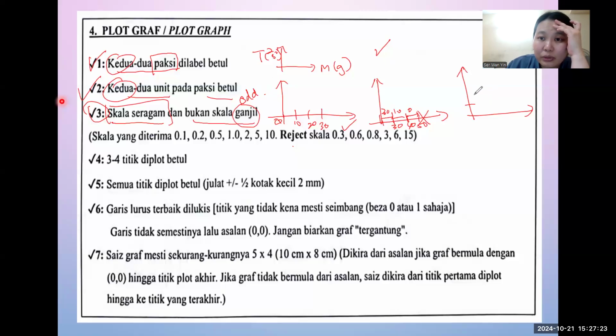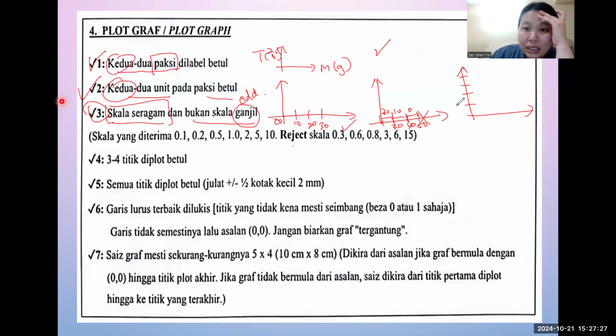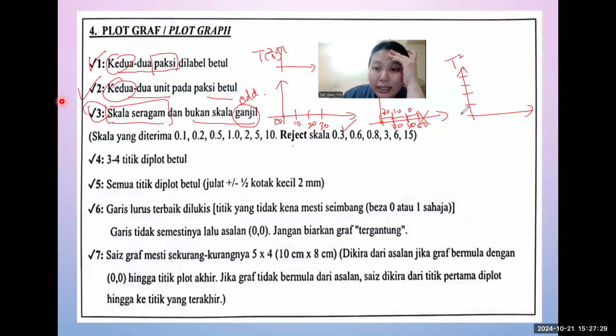For example, if this is the T squared, you start with 1, 2, 3, 4, 5. Okay, if you start with 0.5, 1, 1.5, 2, 4.5, still okay. Odd numbers 1 and 5, okay.